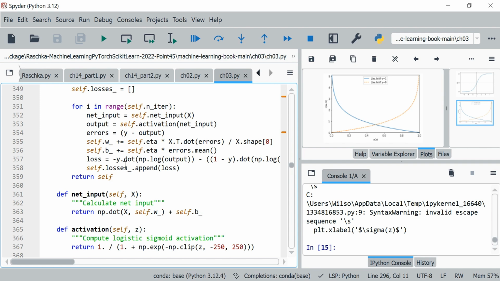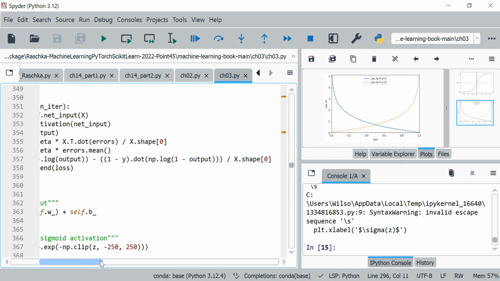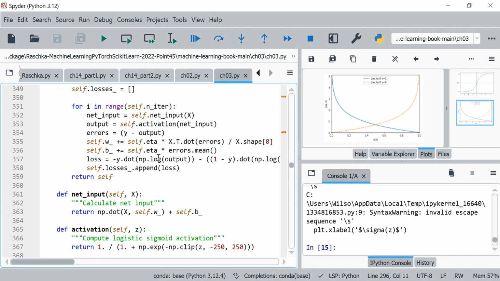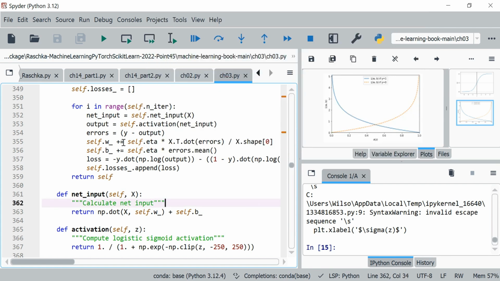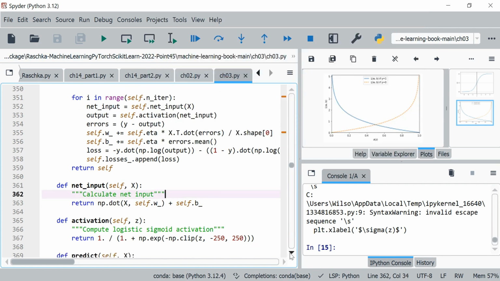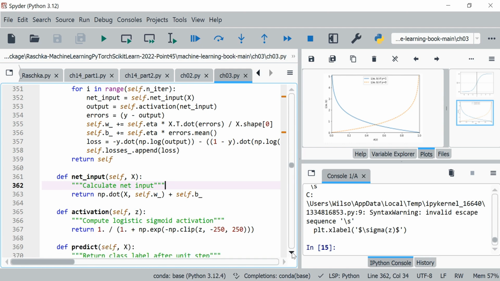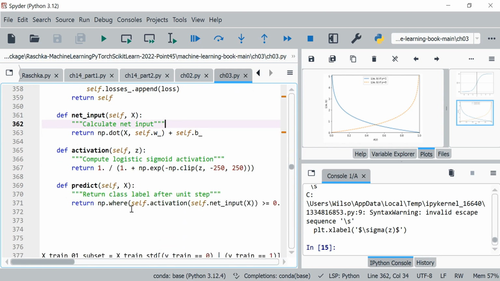Then the loss is the loss function. We have here minus y dot log output minus 1 minus y dot log 1 minus output, then divided by shape. Then we append this loss for this epoch to the losses list. So this is the training function, and the net input and activation functions, and another is the predictor function.